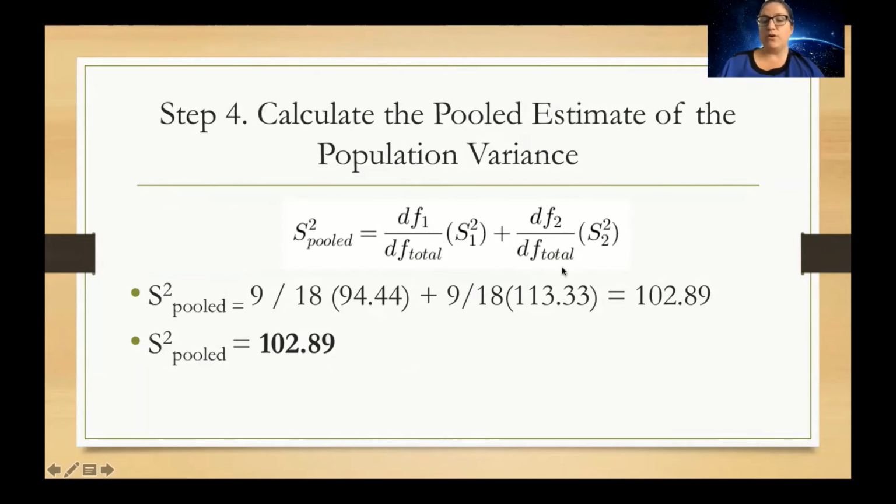So you do 9, the degrees of freedom for the first sample, divided by 18, multiplied by 94.44, and then you add 9 divided by 18 multiplied by 113.33, and you get 102.89. So our pooled estimate of the population variance is 102.89. We're going to need this number shortly for step 5.